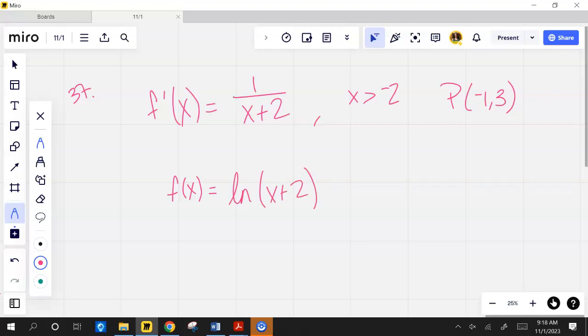It is ln, and it's ln because the derivative of the natural log is 1 over that argument, right? And I got to do the plus c. But now finish it. Because it goes through this point.